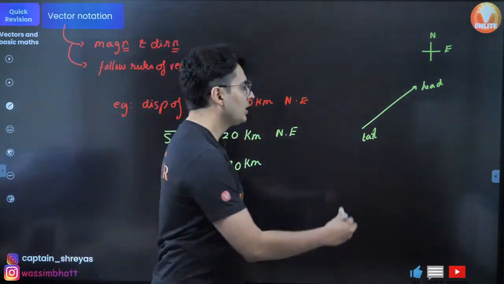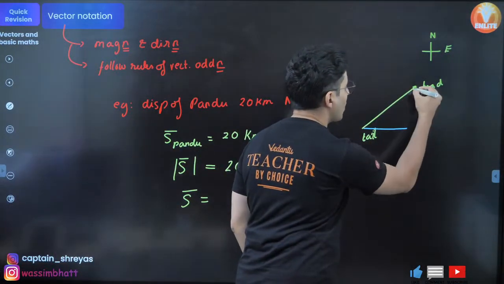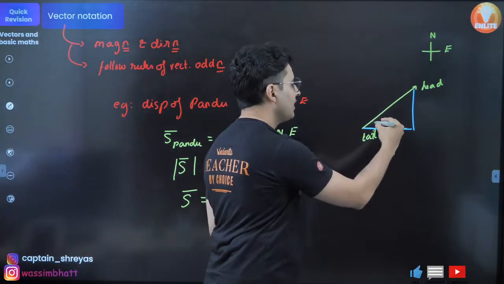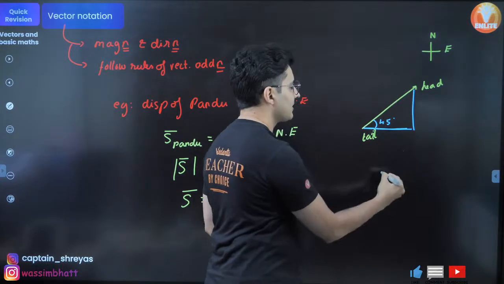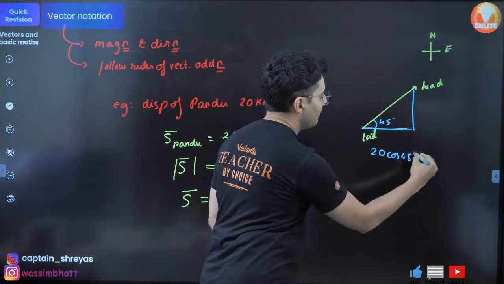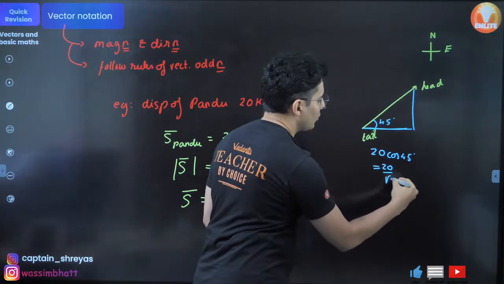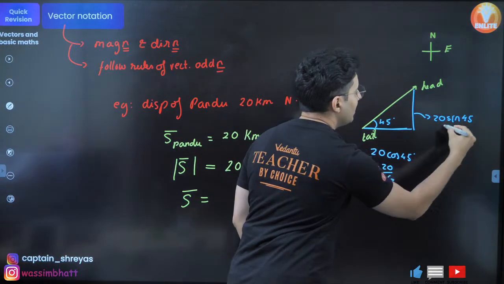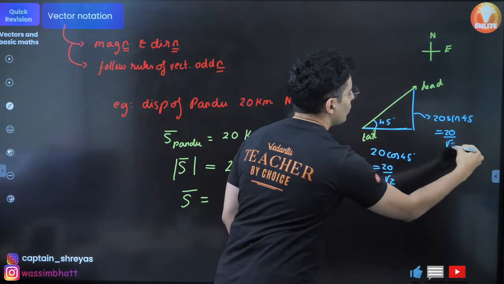So you split 20 kilometers into two components, two parts, something in x, something in y. So if this is 45 degrees, this will be nothing but 20 cos 45, which is 20 by root 2. This will be also 20 sin 45, which is also 20 by root 2.